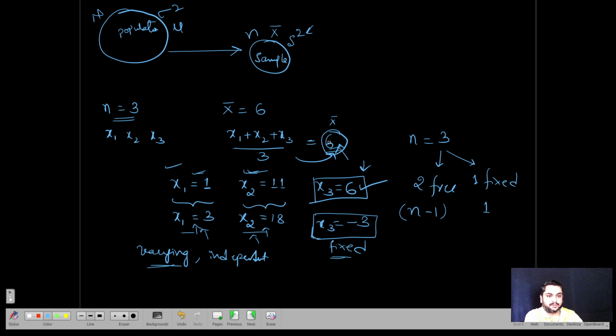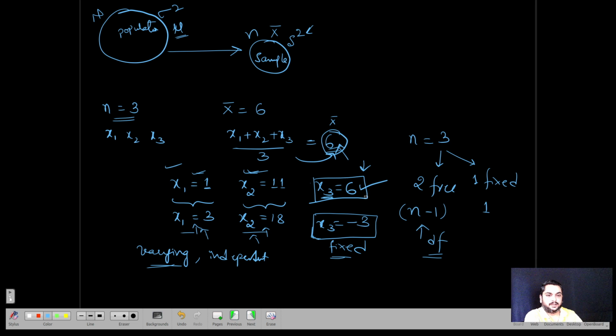So for the correction, when I estimate the population mu, this one value has to be adjusted. This x3 here in this example has to be adjusted. That's why we say the degrees of freedom is n minus 1. This is the concept of degrees of freedom.